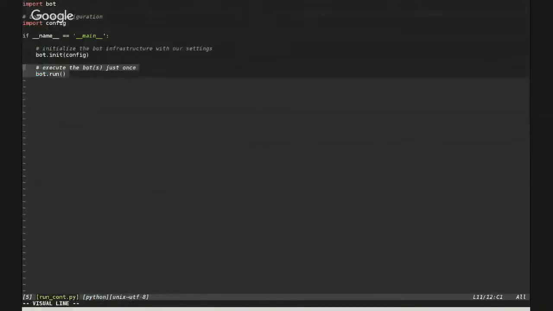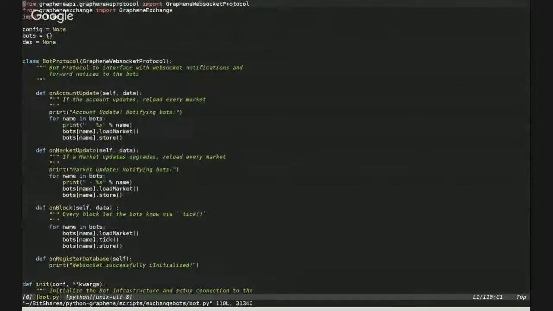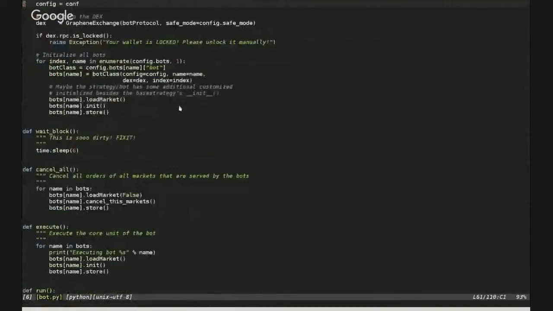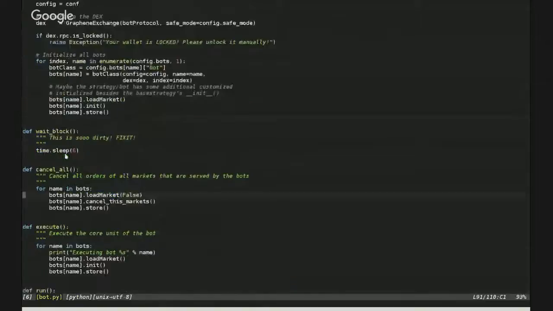It's bot run. That is something that runs asynchronously and, for instance, can execute or call any ticks for incoming blocks or filled orders or something. The bot itself is a little more sophisticated code. Let's start below here. There are some calls, for instance, the run and execute and cancel stuff.